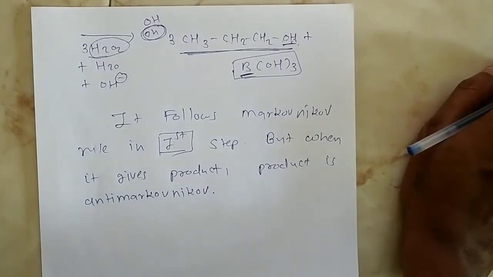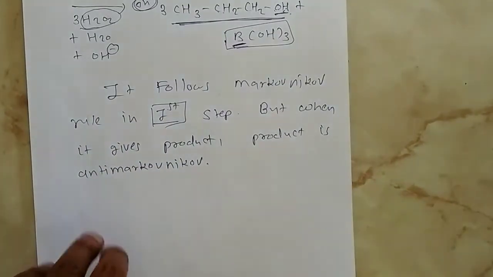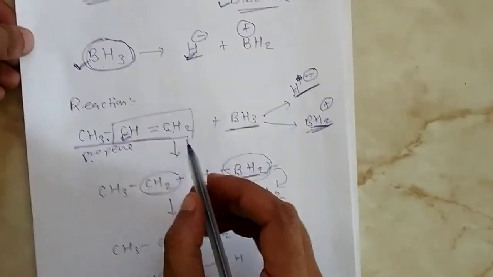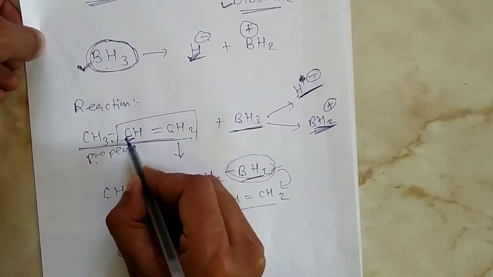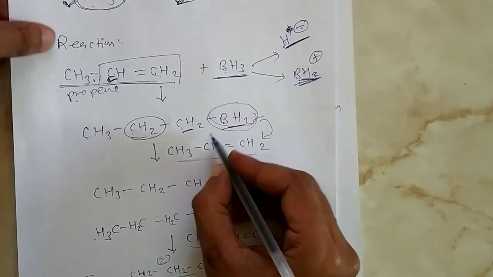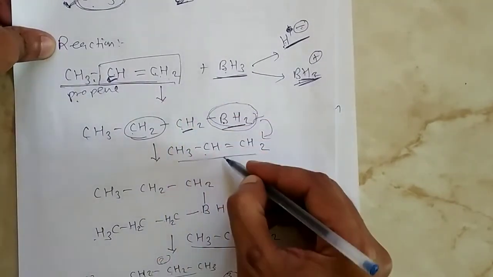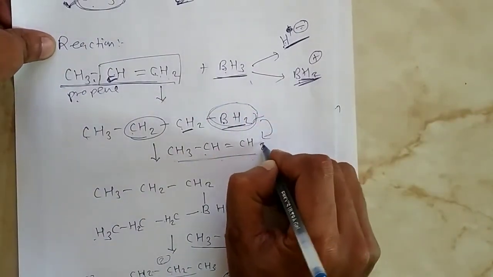So this one is the hydroboration reaction. Now one important thing you have to note: in the first step, when we react alkene with BH3 diborane, it follows Markovnikov rule.